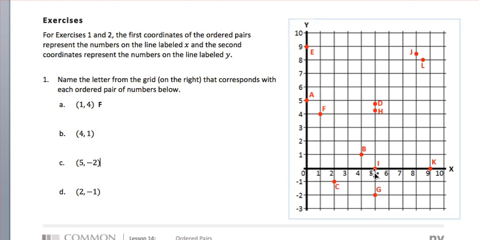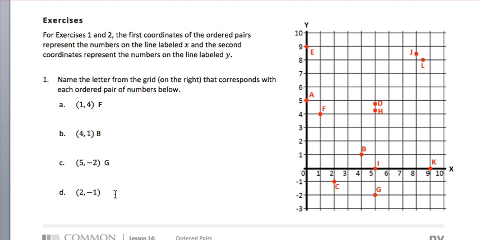We go across to 4 and up 1, and the point is point B. The next one, 5 and -2. So we start at 0, we go across 5, and then down 2. Remember, these are number lines. And that point is G.